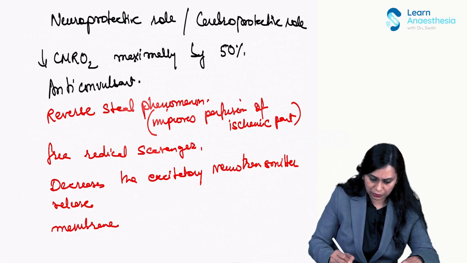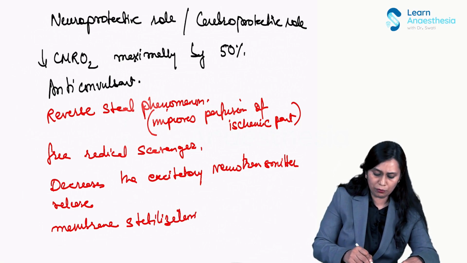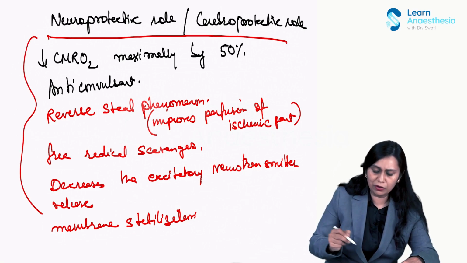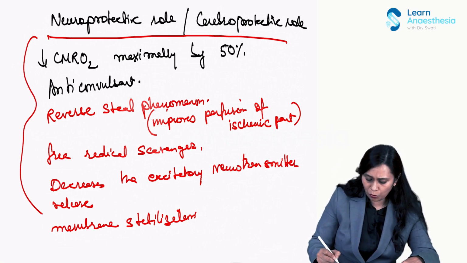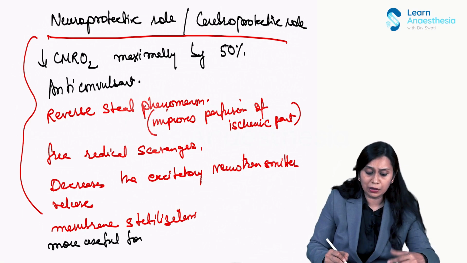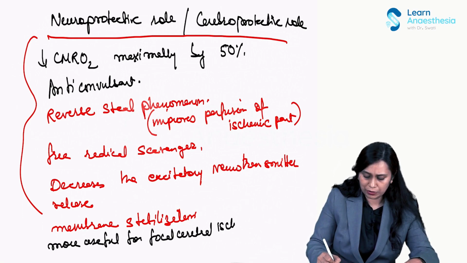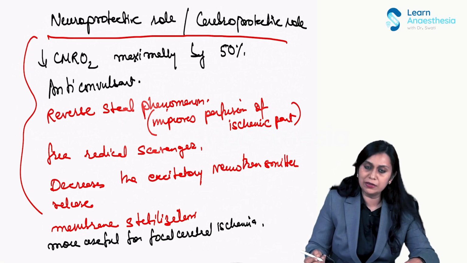So these are the causes of the neuroprotective role. But it is more useful for neuroprotection in focal cerebral ischemia rather than for global cerebral ischemia.